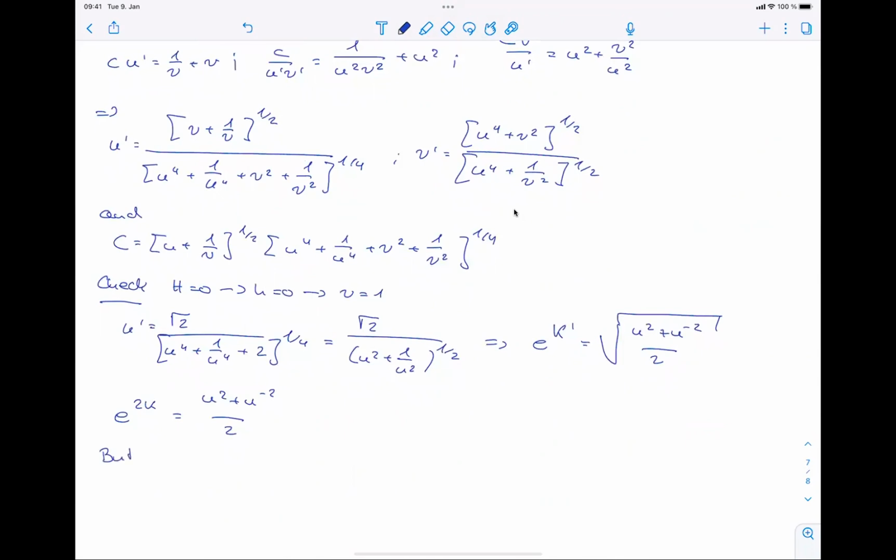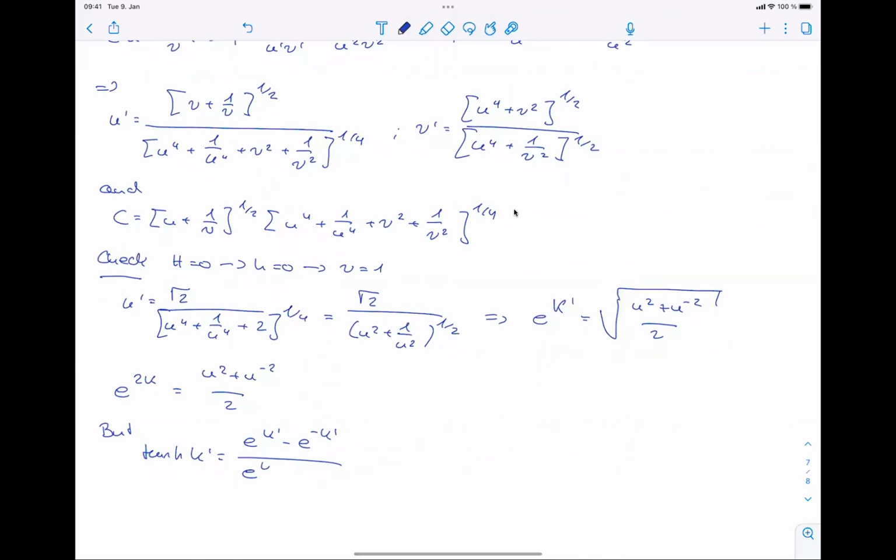But then we have that tanh k prime is actually defined as e to the k prime minus e to the minus k prime, sinus hyperbolicus divided by cosinus hyperbolicus k prime, which is nothing else but e to the 2k prime minus 1 over e to the 2k prime plus 1, which we rewrite then as u squared minus 2.